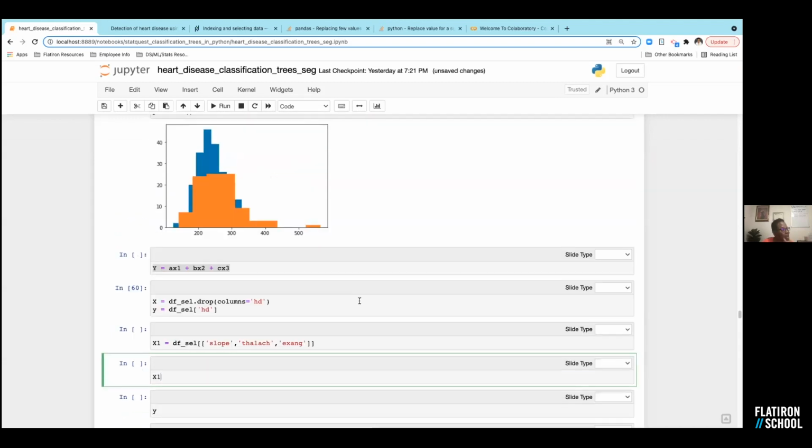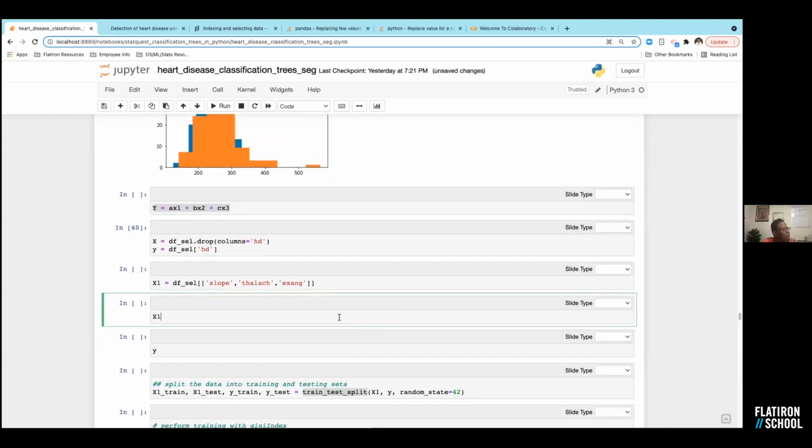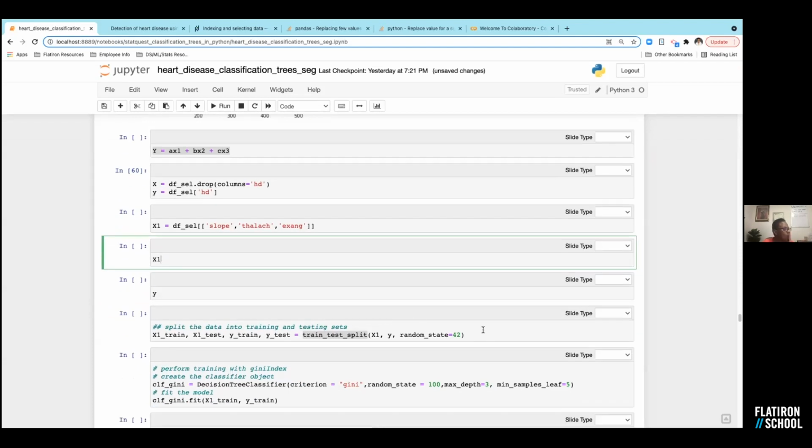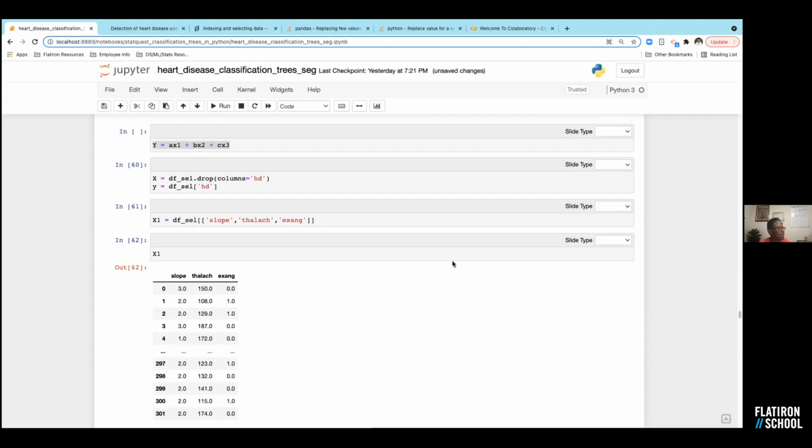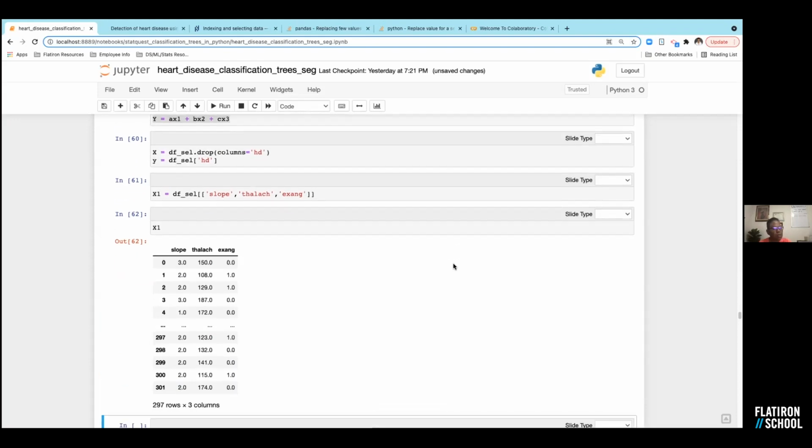I went from 5 to 3, and I don't know if I want to do that again because I think I messed up my model in the end, but let's see. So this is what that selection of the data frame would look like.